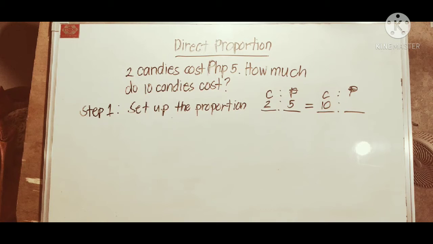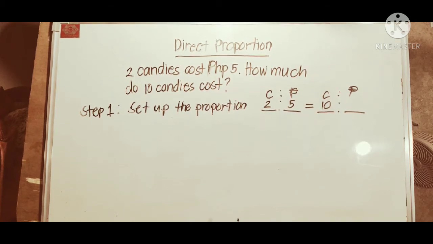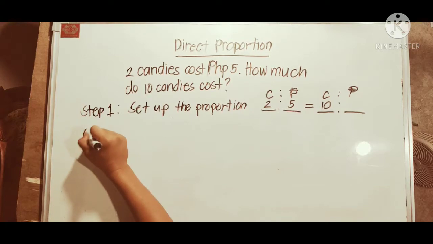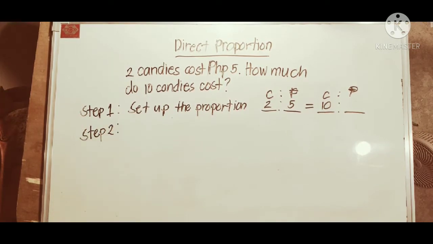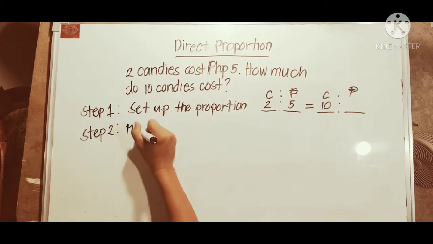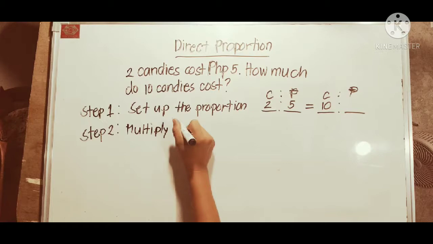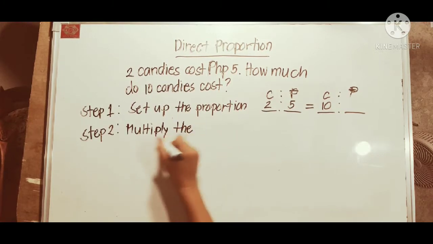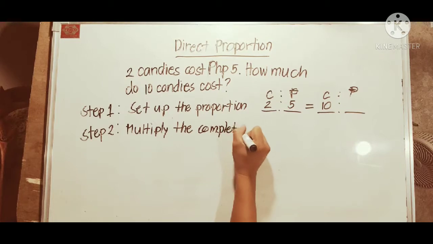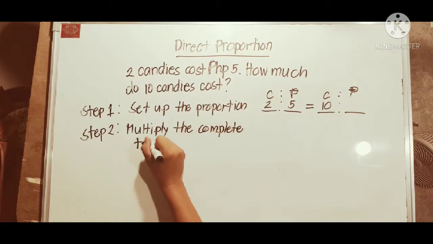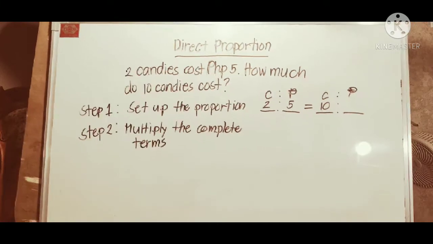Let's proceed to step 2. Step 2, multiply the complete terms. It is easier to solve a direct proportion problem than a partitive one, and it is shorter.